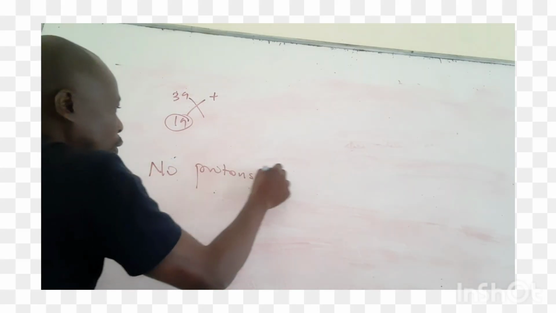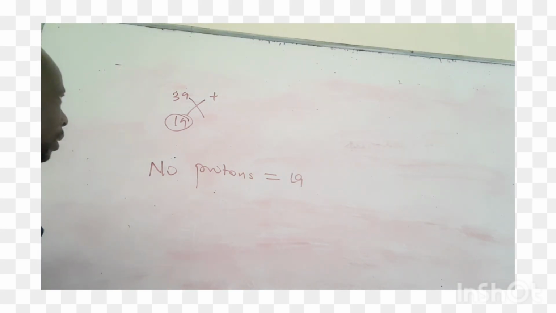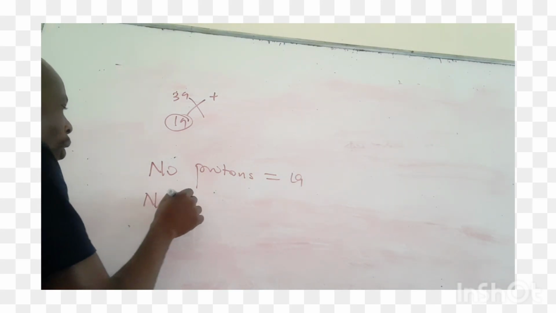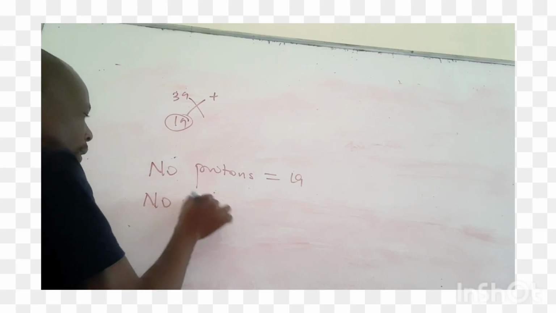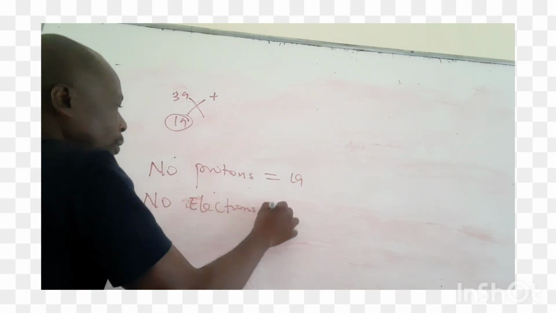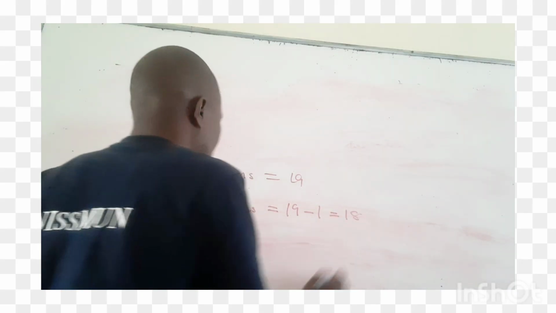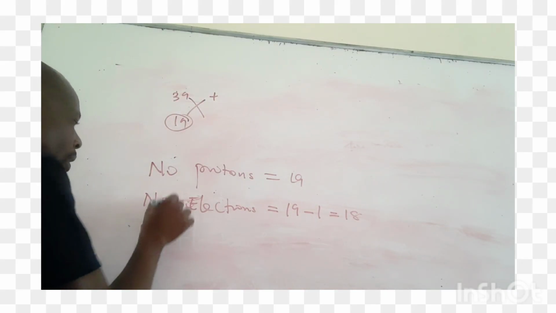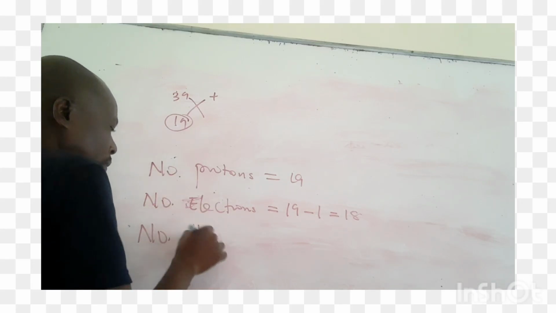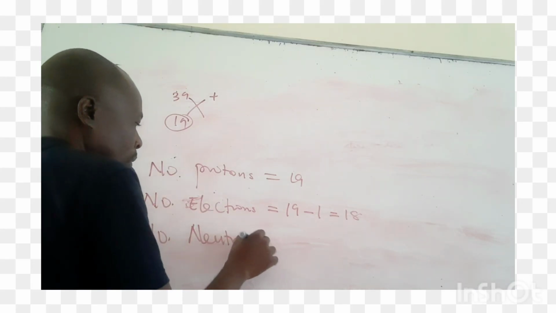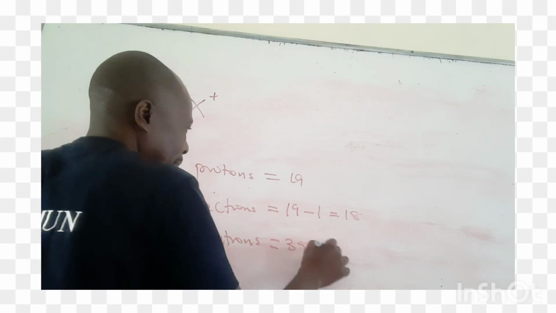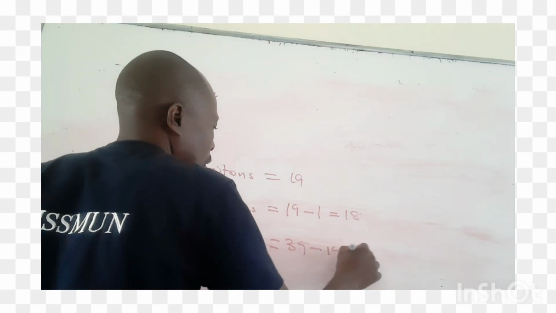Let's go on. Here, the atomic number still remains. The number of protons is still the same, which is equal to 19. Now the number of electrons is now equal to 19 minus 1, which will be equal to 18. While the number of neutrons is equal to 39 minus 19, which is equal to 20.